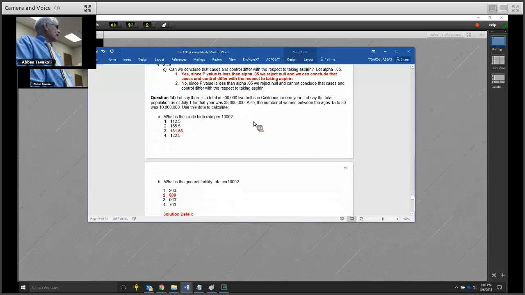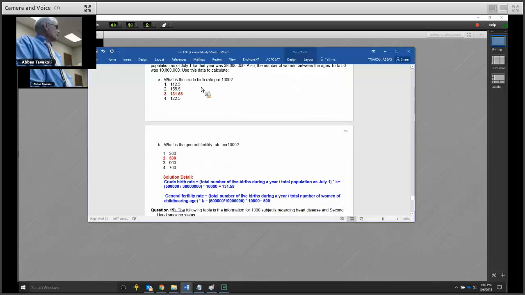Here are some of the questions related to rate. What is the crude birth rate per 1,000? Here you're looking at total live births during the year and total population. So you have 500,000 divided by 38 million times 10,000, you get 131.58.